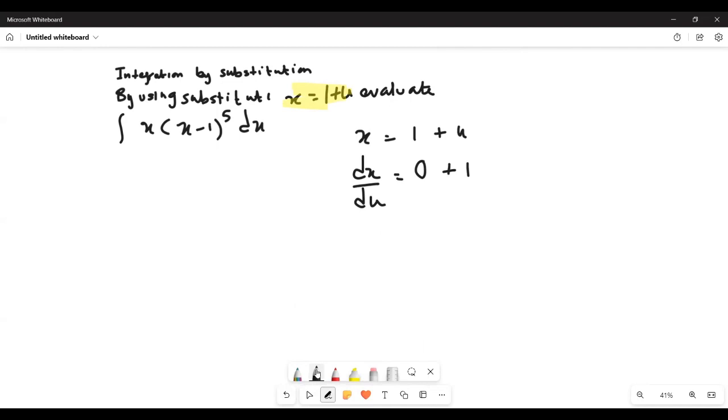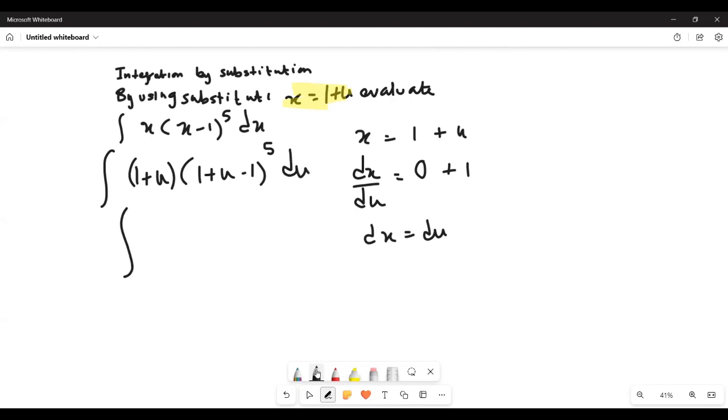So dx upon du is 1. That means dx equals du. Let's apply the substitution here. x is 1 plus u. So we get this. And dx is simply du. So we have integration of 1 plus u times u du.